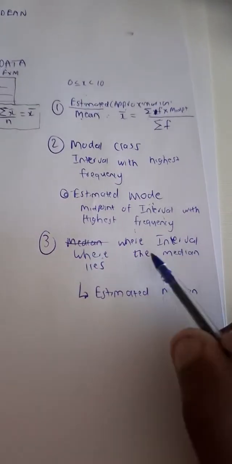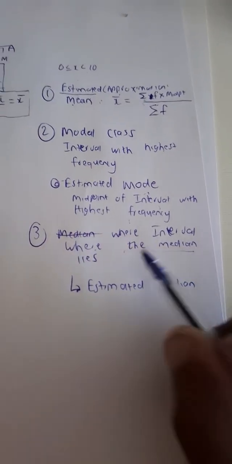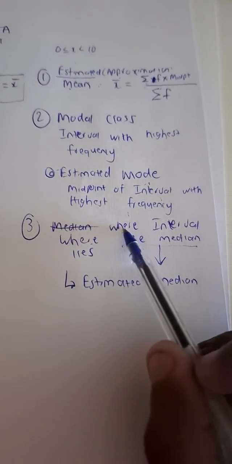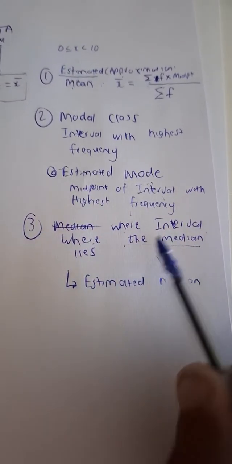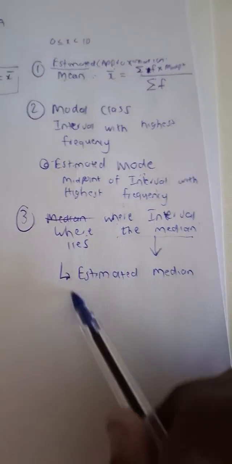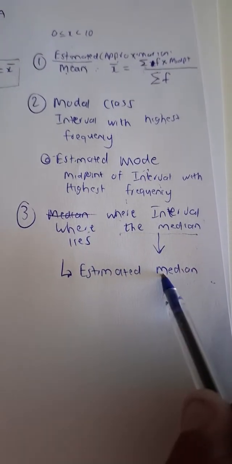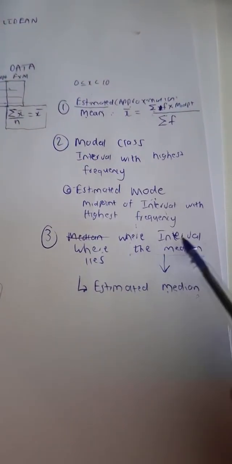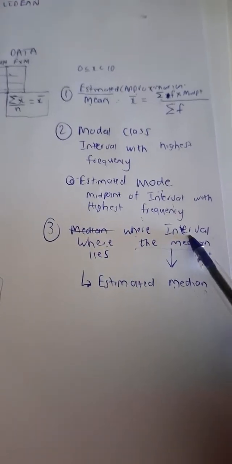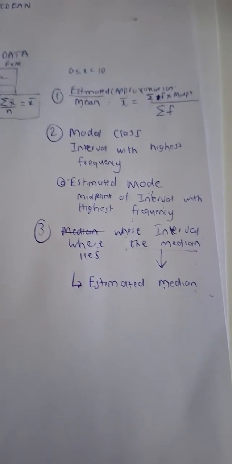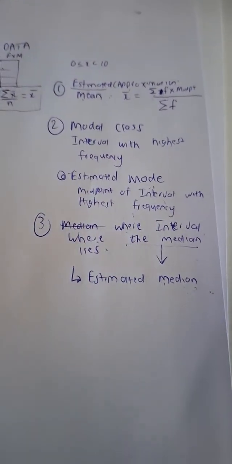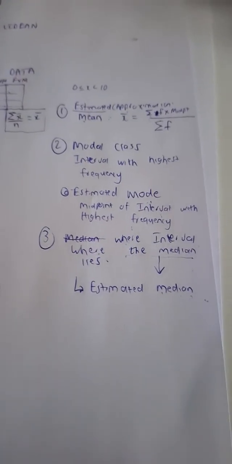I guess through an exam example, I'll be able to show you how we find the interval where the median lies, and then how we actually find the estimated median. The estimated median will basically lie where the interval for the median would lie. So I'm going to go into that when that time comes closer.